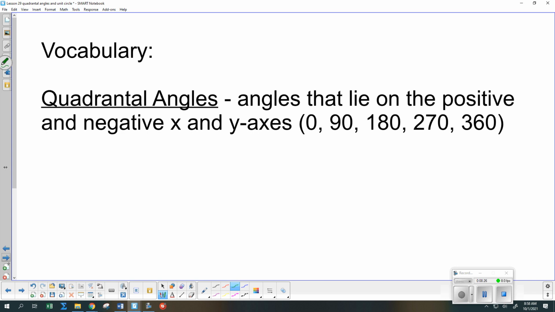Anytime you land on an axis, that's a quadrantal angle. And we have to figure out sine, cosine, and tangent differently than using right triangle trig. And that's one of the big new things out of today's lesson. So quadrantal, just ones that are on the axes.